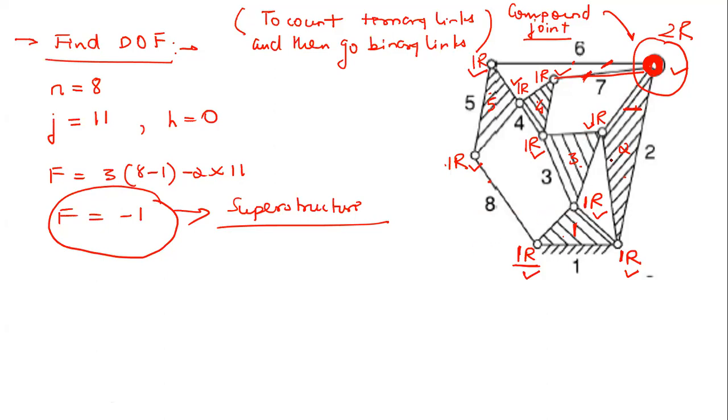Below 7R, there is one link which is connected to 2R. This link is also connected to this, here is a point 1R and that is connected to 2R.